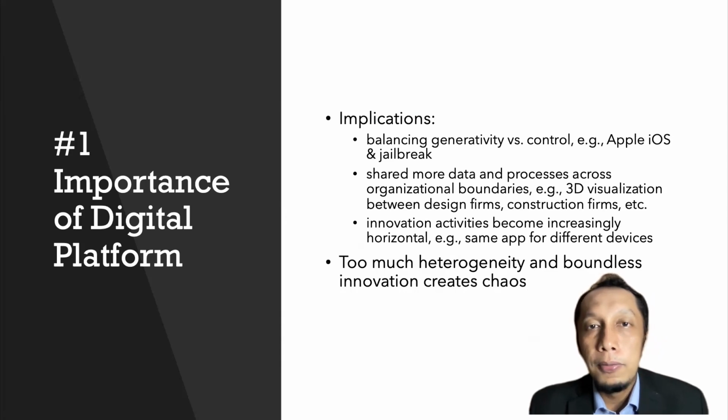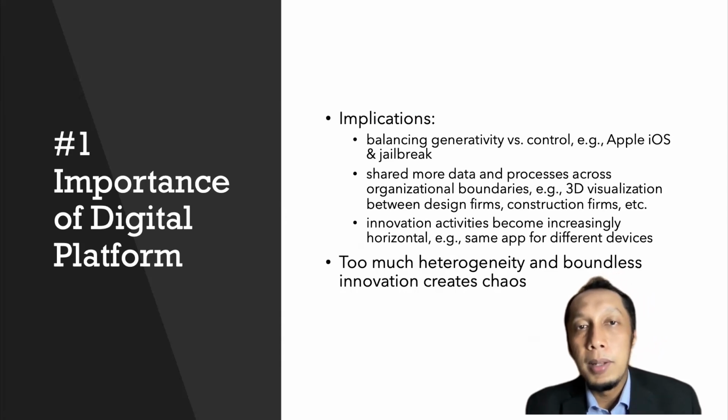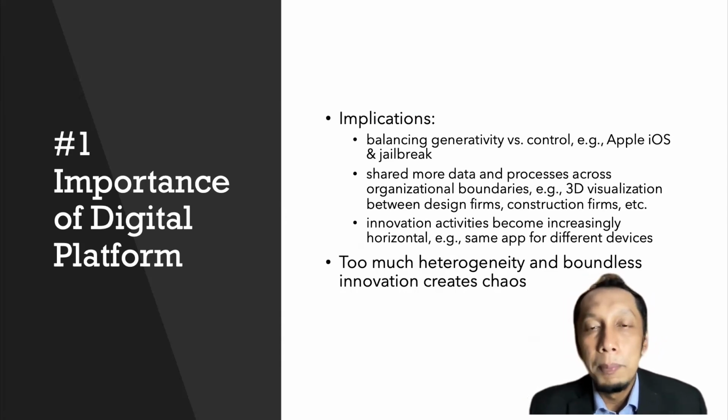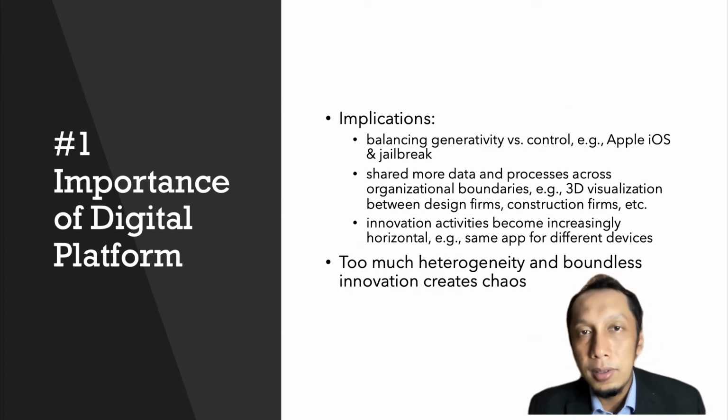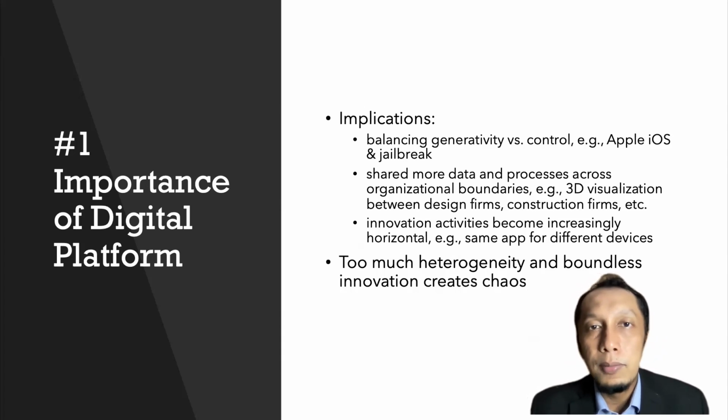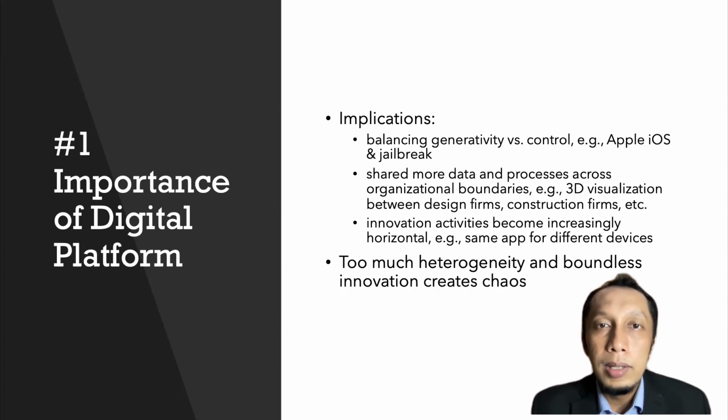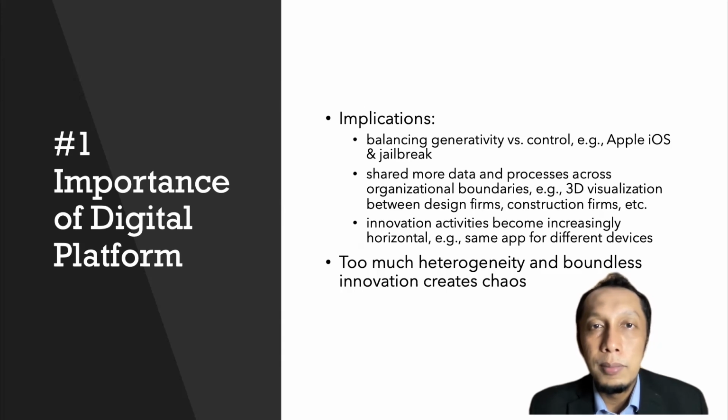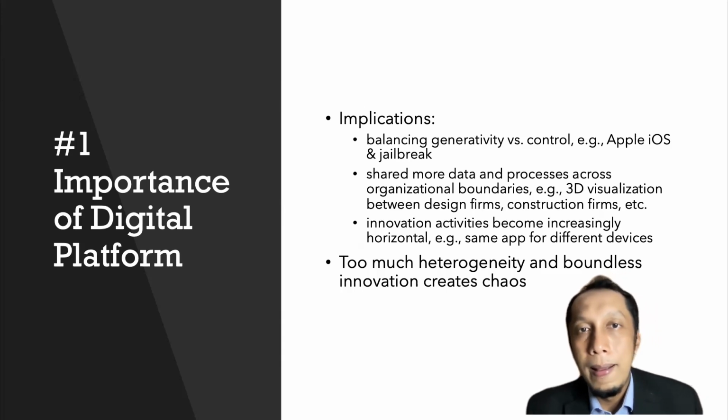As a result of the emergence of digital platforms, we have to deal with balancing generativity and control, because too much control will make your users leave, but too much generativity, too much flexibility, will risk your platform losing control.